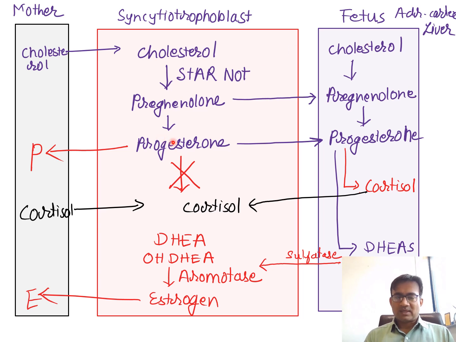Up to progesterone, the steps are possible, but after progesterone it is not possible in the syncytiotrophoblast. Progesterone will be converted to DHEAS or hydroxy DHEAS in the fetus. Then it will come back to the placenta, where it will be converted with the help of the enzyme aromatase to estrogen.